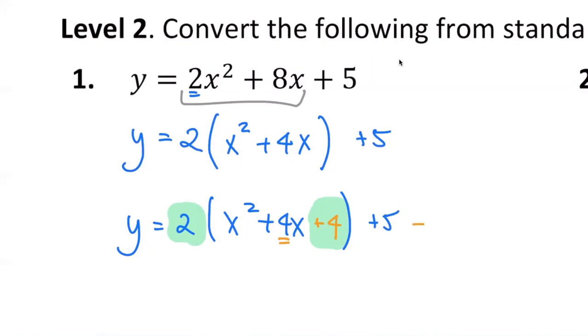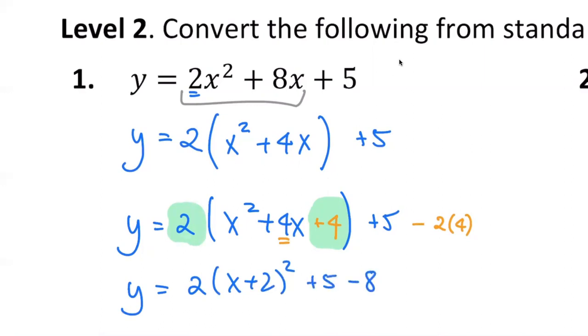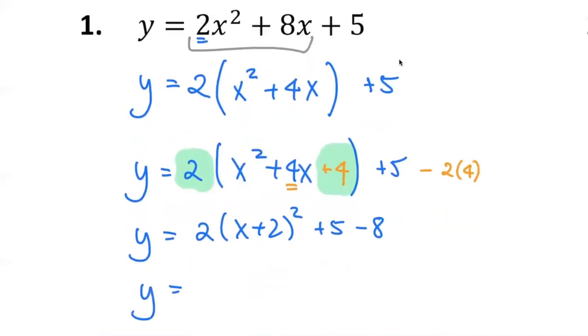When we do the subtraction, you have to do the same thing: subtract 2 times 4, which is 8. And then we have our perfect square, which is x plus 2 squared, and then we have plus 5, and then minus 8. So our vertex form is going to be 2 times x plus 2 squared, and then minus 3.